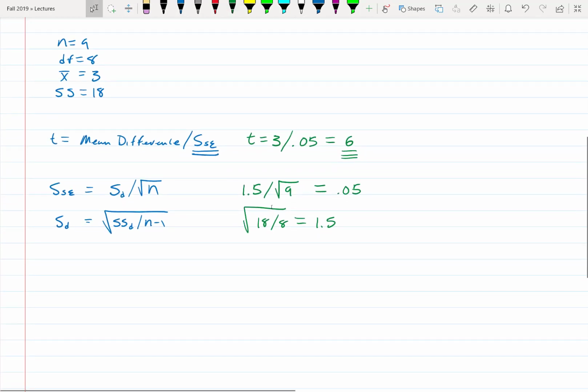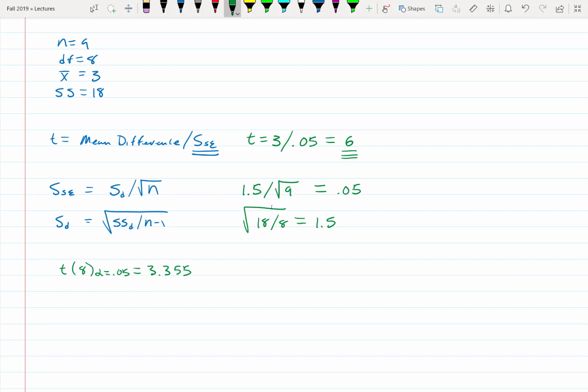What's the critical t-value? Let's take a look. T at 8 degrees of freedom for alpha equals 0.05. And the critical value here is 3.355.